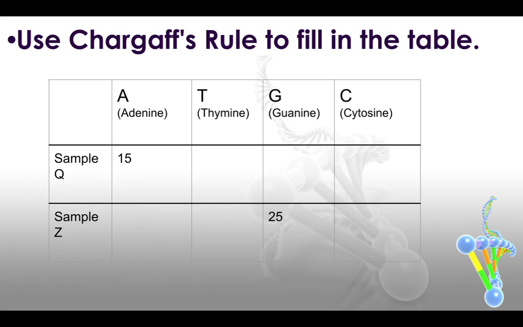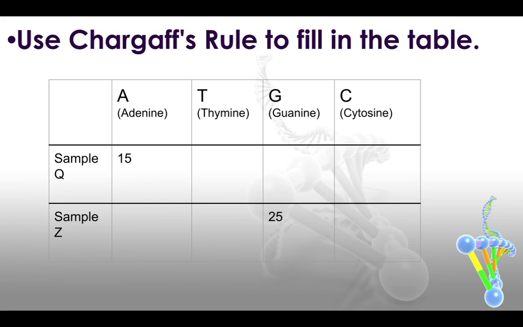So with sample Q, we see that we have 15% adenine. That means that we are also going to have 15% thymine. So how do we go about and figure out how much guanine and cytosine is present? Well, if I take 15% and add it to 15%, that gives me 30%. So I know that all four of these have to equal 100%.